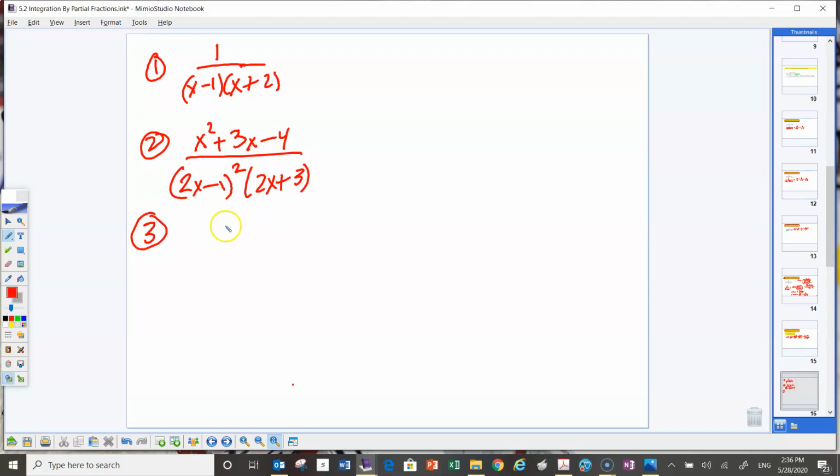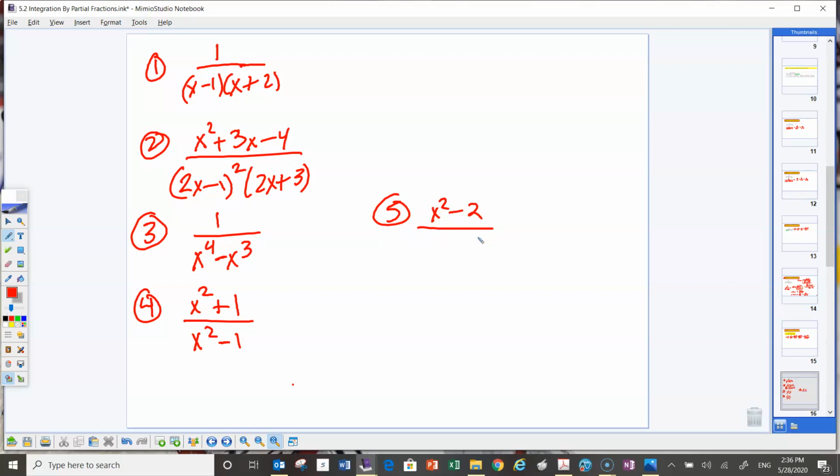The third one is 1 over x to the 4th minus x cubed. The fourth one is x squared plus 1 over x squared minus 1. The fifth one is x squared minus 2 all over x times x squared plus 2.